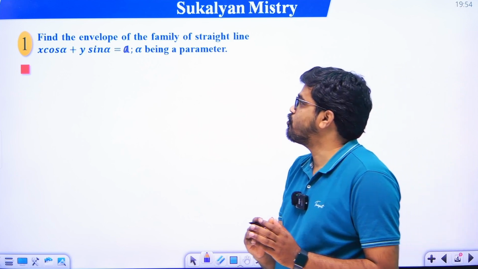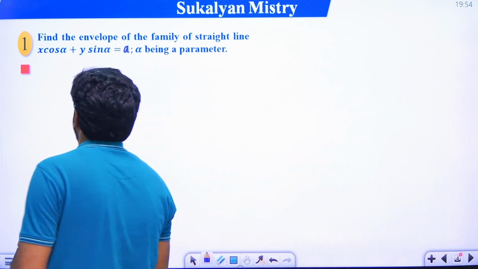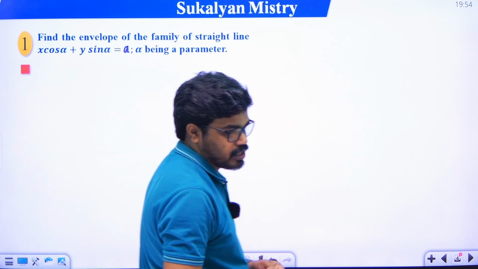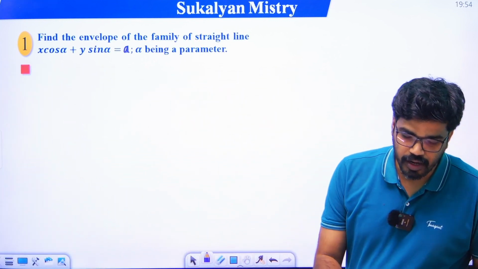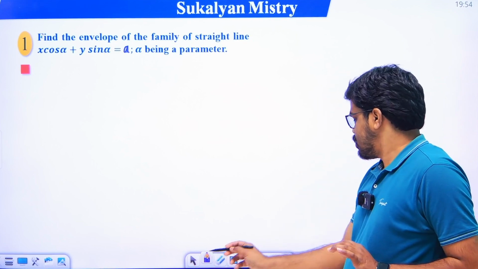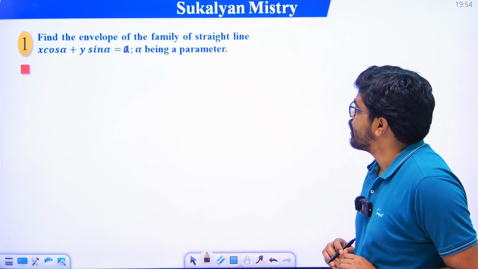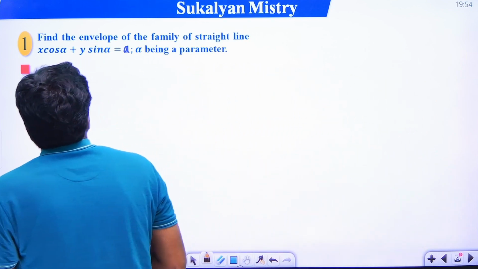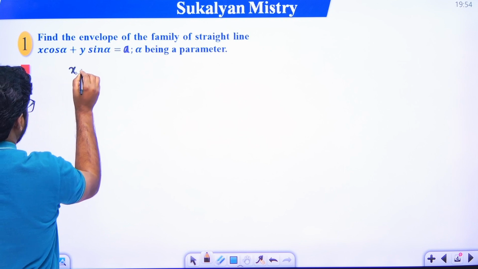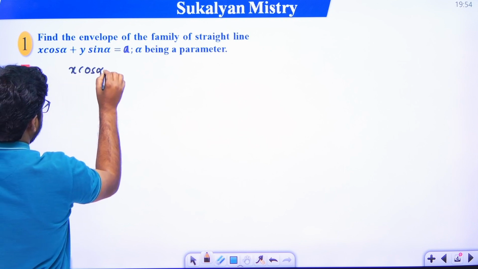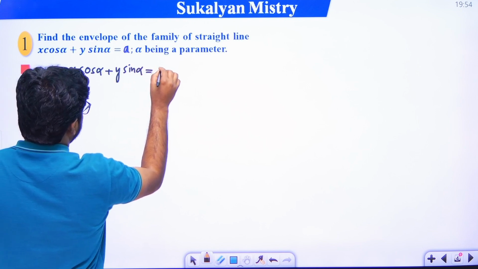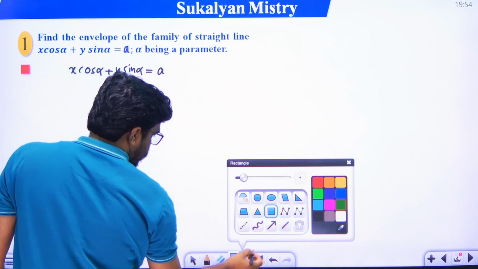Find the envelope of the family of straight lines x cos alpha plus y sin alpha is equal to a, alpha being a parameter. Here the given family of straight lines is x cos alpha plus y sin alpha is equal to a.